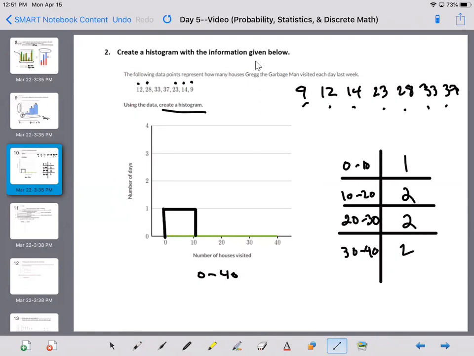And then the 10 to 20, I notice I have 2. 20 to 30, I have 2. And then 30 to 40, I would have 2. So here's what the histogram would look like.